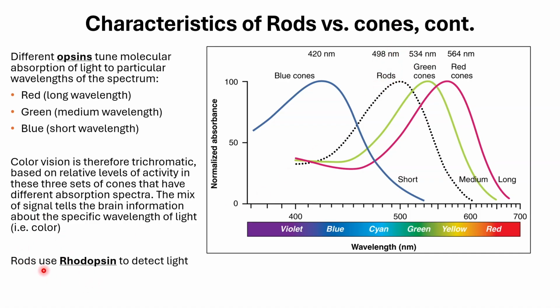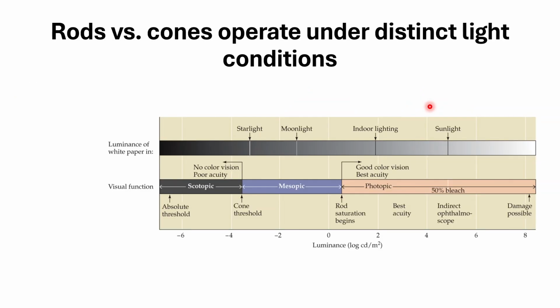But again, we don't use rod information to encode color information. We use it primarily for distinguishing the contrast of objects and intensity of light, and it provides a lot of information about what's happening in our peripheral field of view.